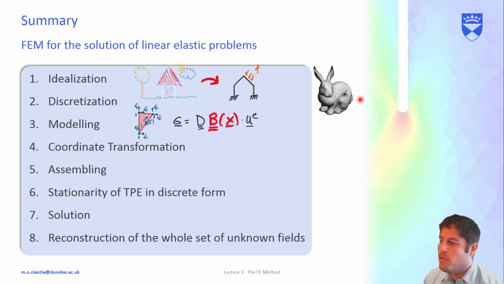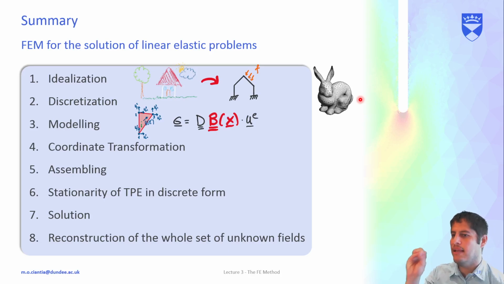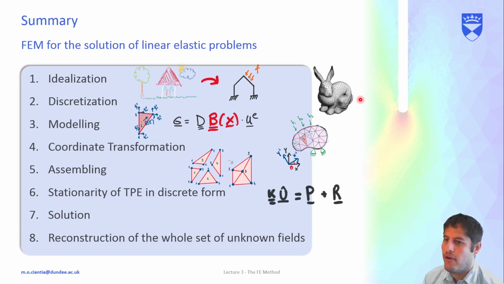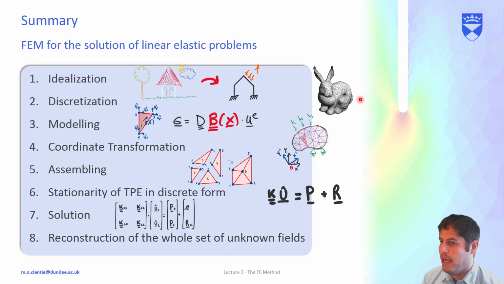Then we introduce a model for displacements through the shape functions that basically tell us what is the displacement inside each element given the nodal displacement vector. If we have a local coordinate system different from the global one, we need to transform through the T matrix, and then we need to assemble our solution, doing the stationarity of the total potential energy of the discrete form of the total system, and then obtain the displacement capital U of our whole system.